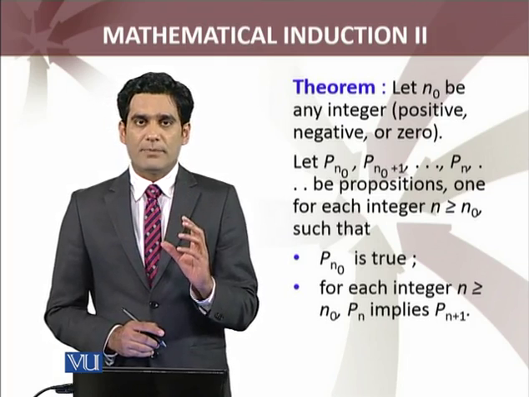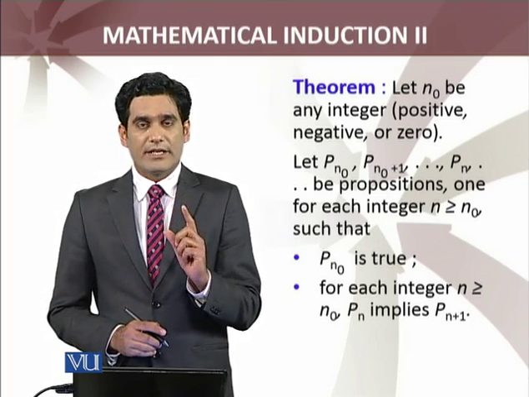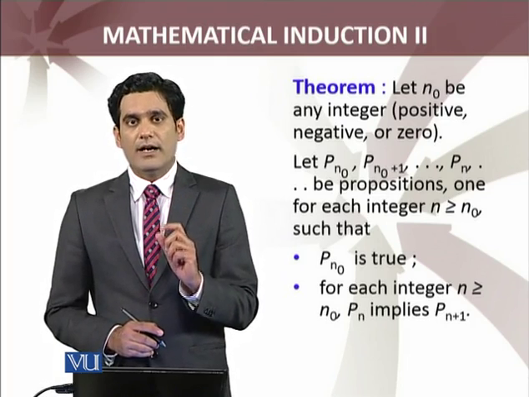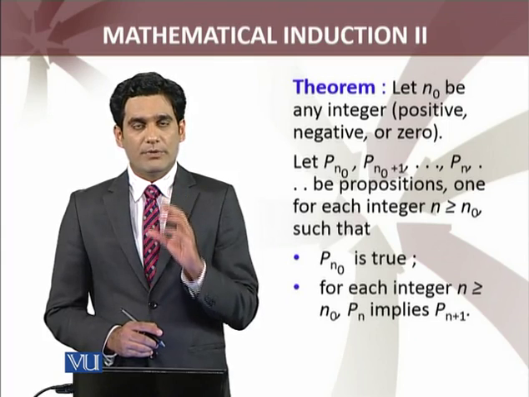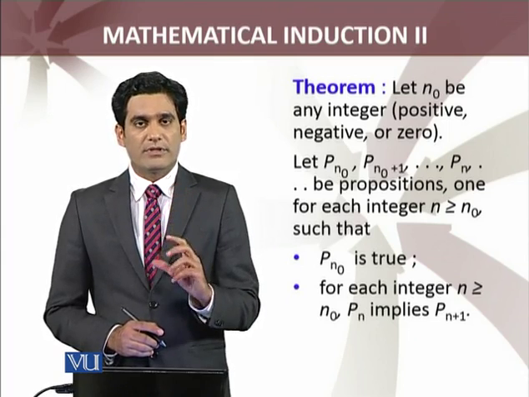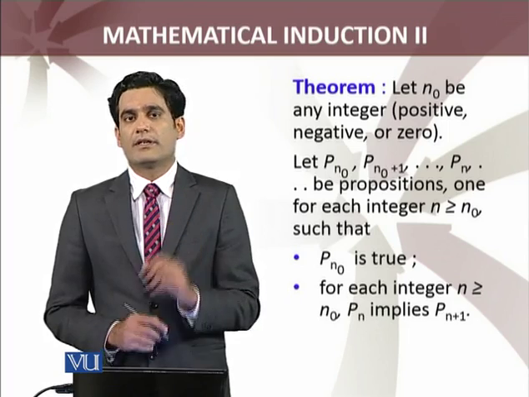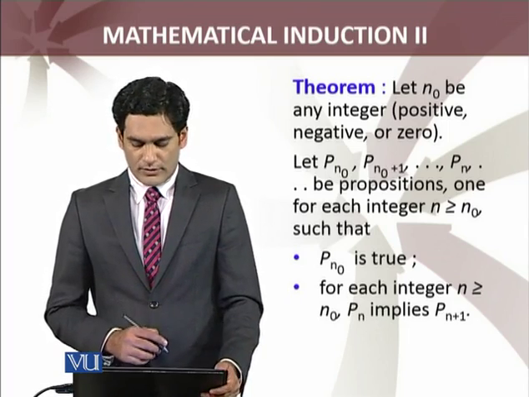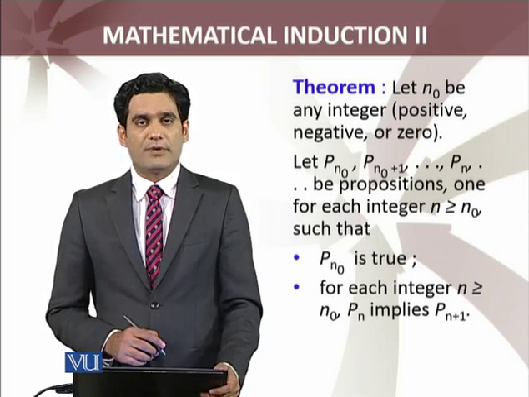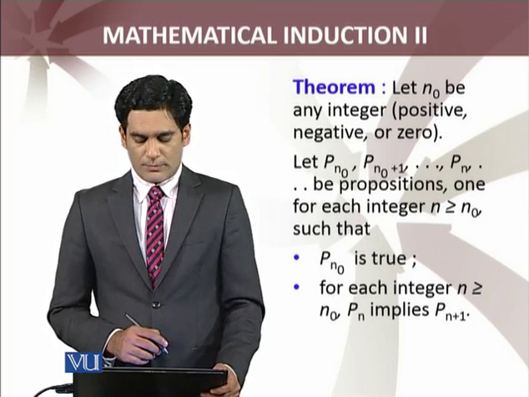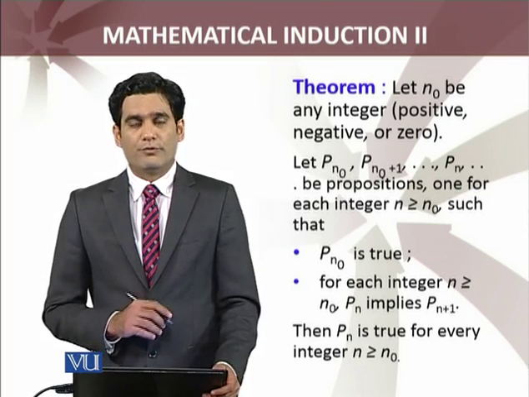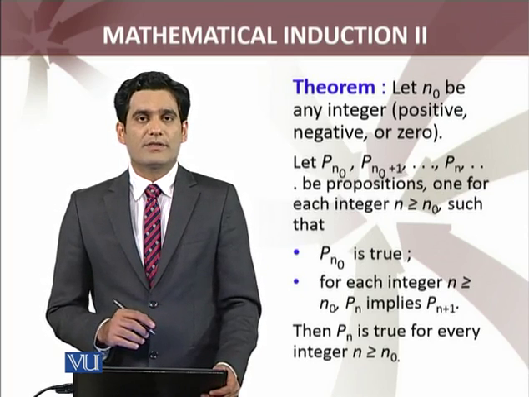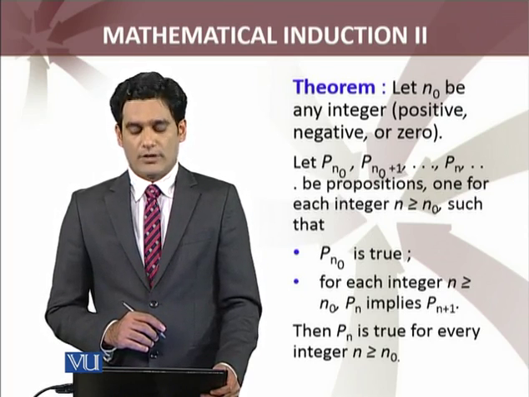So the inductive step is the same, but there is one condition: n in the hypothesis of the implication should be greater than or equal to n naught. That is, P n true for n greater than or equal to n naught implies P n plus 1. Then the set of propositions is true for all integers greater than or equal to n naught.